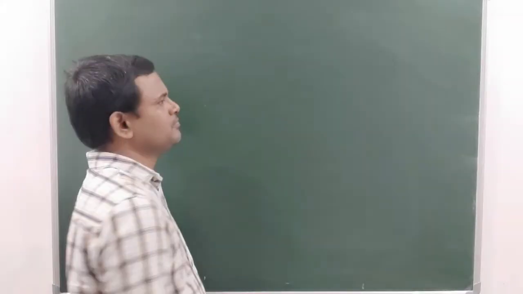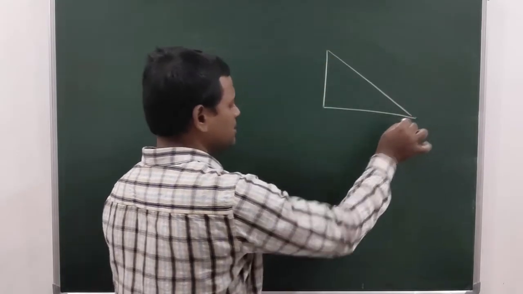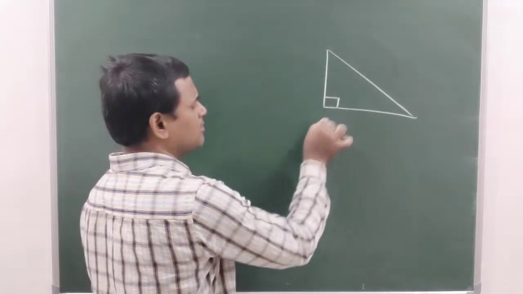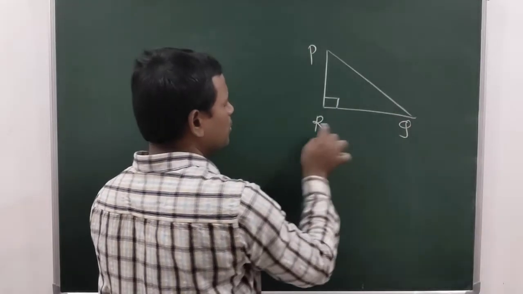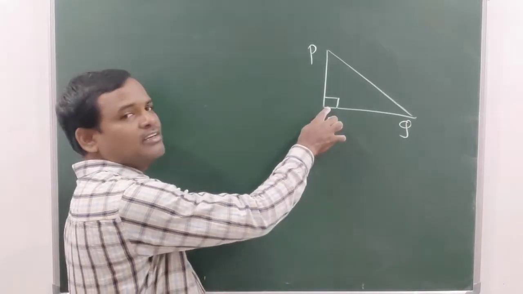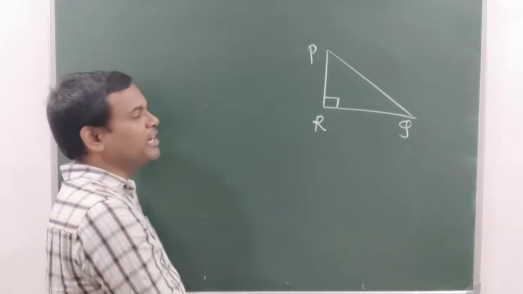So here they gave us one triangle, and in the problem they said that the right angle is located at the vertex R. So PRQ is a triangle. They said right angle is located at R. Angle R equal to 90 degrees is given.